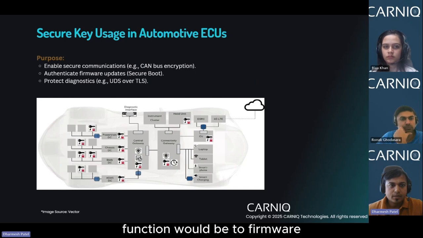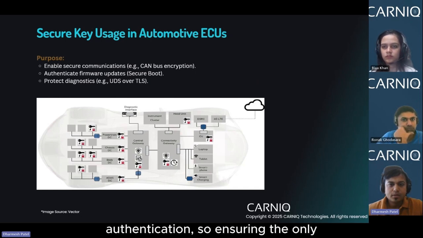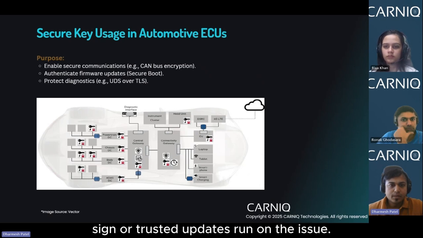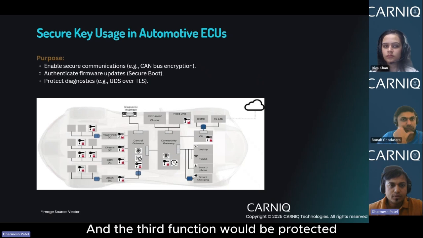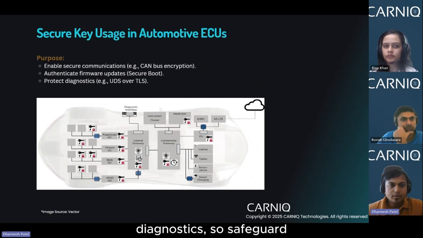The second function is firmware authentication, ensuring that only signed or trusted updates run on the ECU. And the third function is protected diagnostics, so safeguarding the diagnostic interfaces like UDS from malicious access.